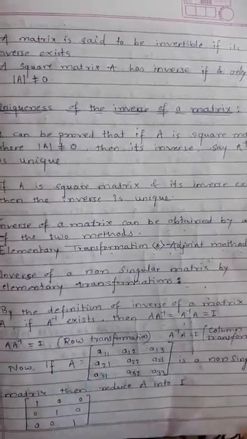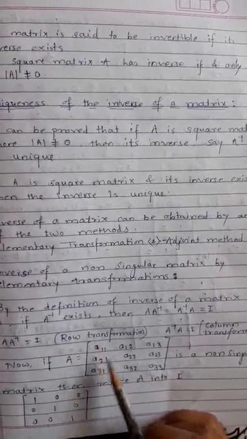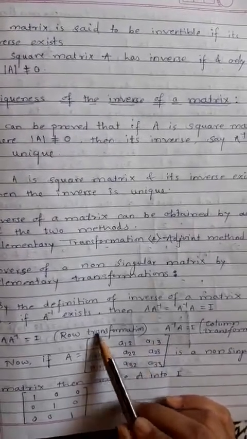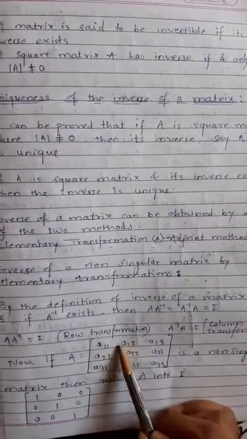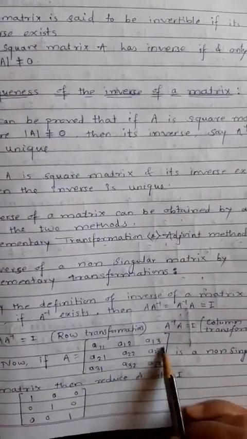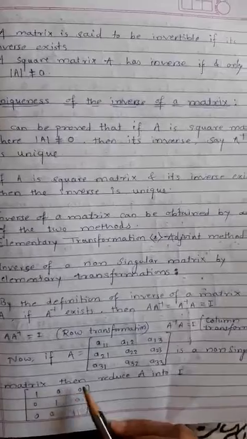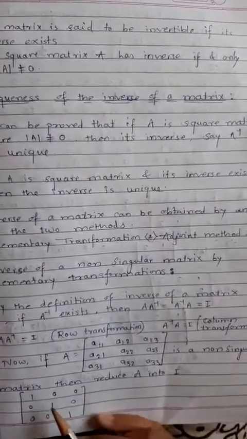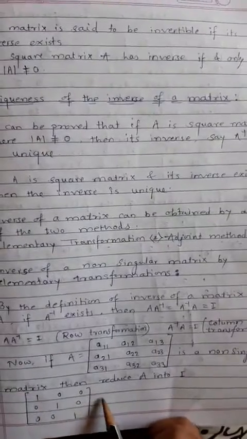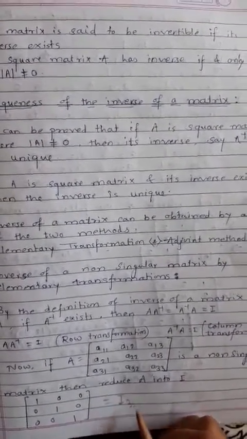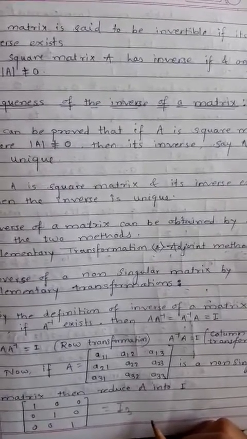Suppose this is a matrix, with first element A11, second element A12, third element A13, and so on, which is a non-singular matrix. Then reduce A into I. I is what? Identity matrix of order 3. You can say I3 also.